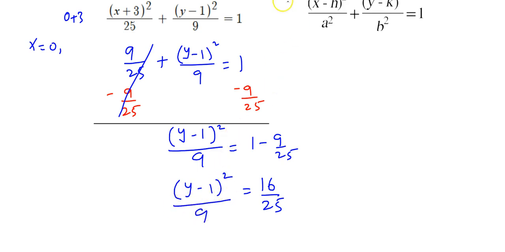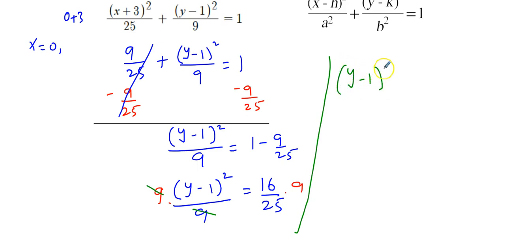Now the best thing is I think you multiply by 9 on both sides, so that this 9 and 9 get cancelled. (y minus 1) whole square is equal to 16 times 9, which is 144, over 25. Then take the square root.